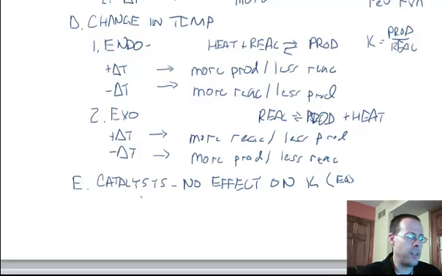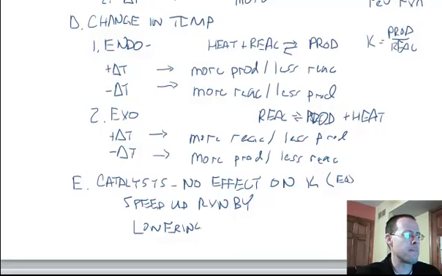They simply speed up reactions by lowering activation energy, E sub A. So it gets to equilibrium faster, but it still is going to have the same equilibrium constant. Alright, so that is it.